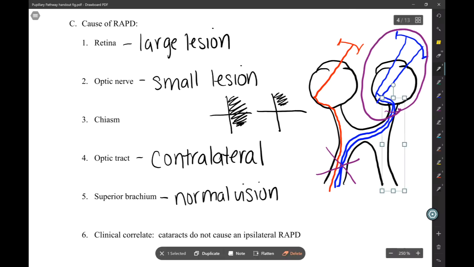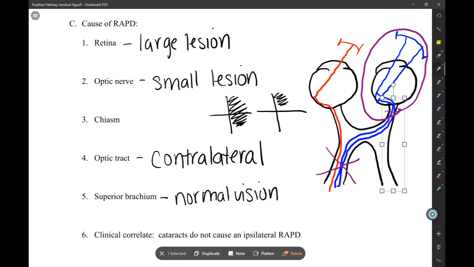You won't get a relative afferent pupillary defect from a lesion in the optic radiations or in the occipital lobe. The pupillary fibers don't travel that far posteriorly. You also don't get a bilateral relative afferent pupillary defect. By definition, a relative afferent pupillary defect damages more fibers in one eye than the other.